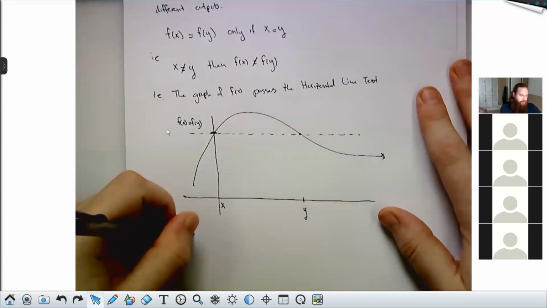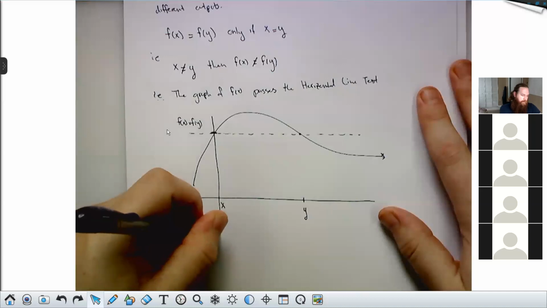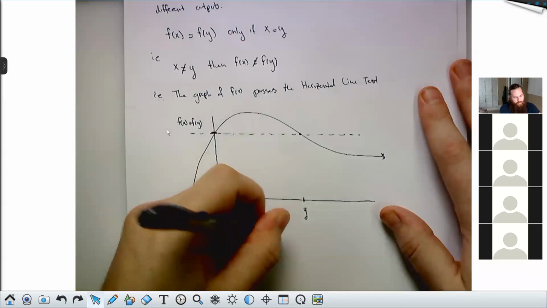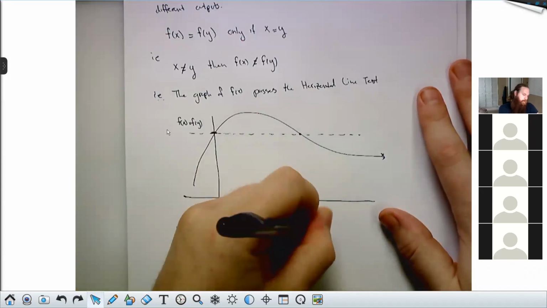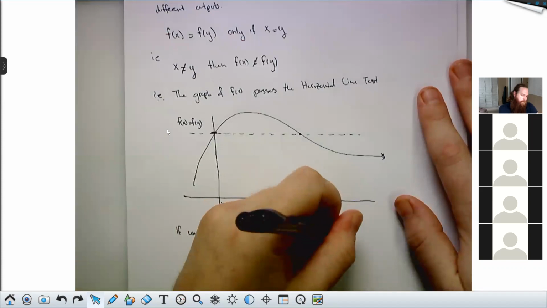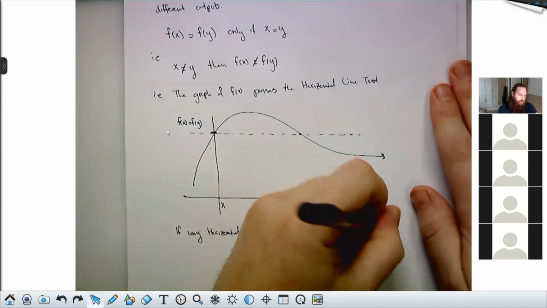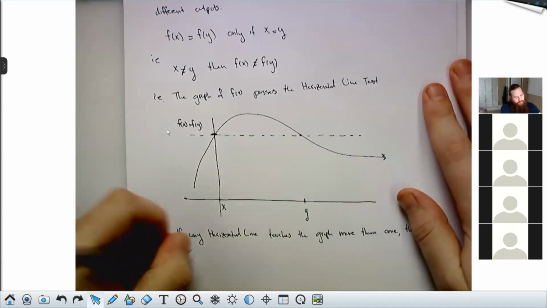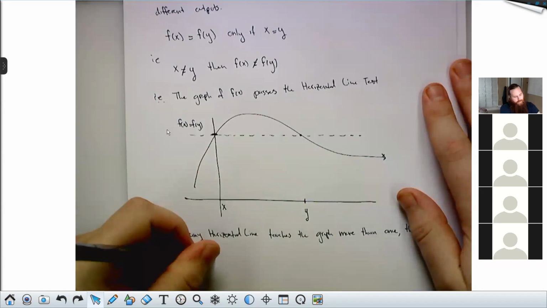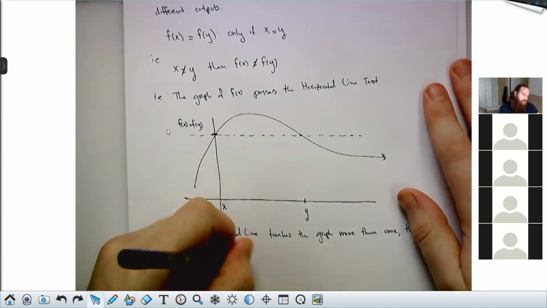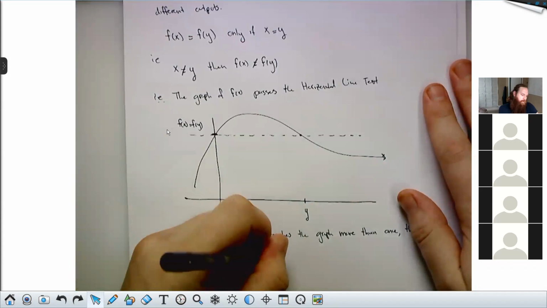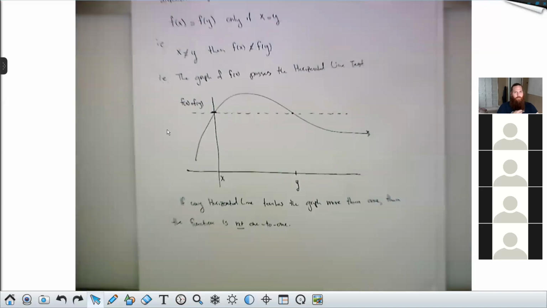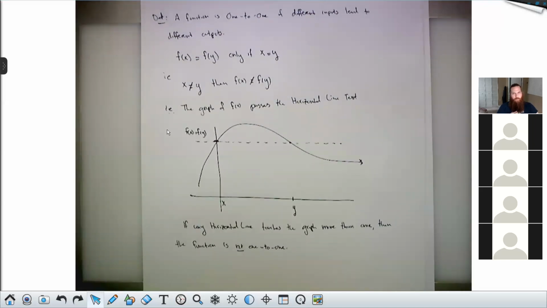So if any horizontal line touches the graph more than once, then the function is not one-to-one. So 3 different formulations of a one-to-one function.